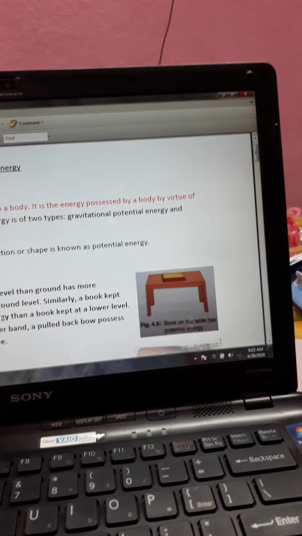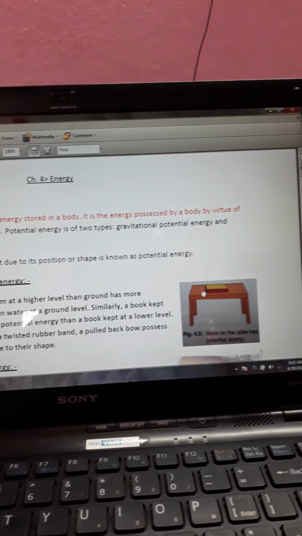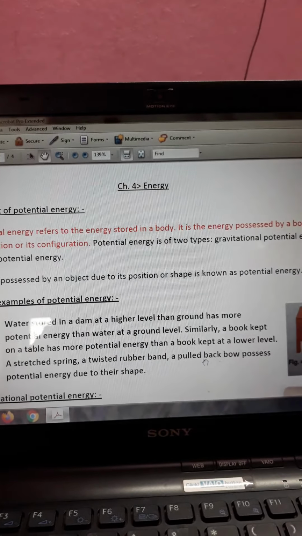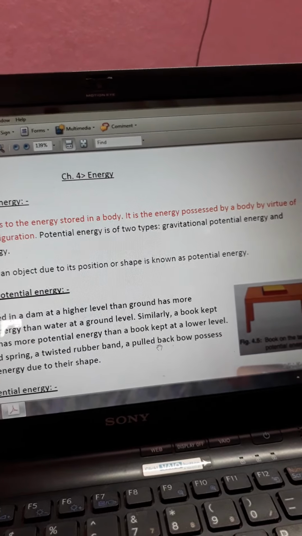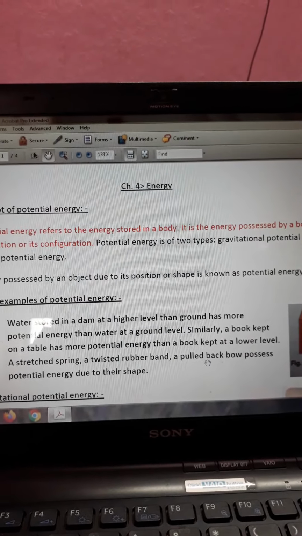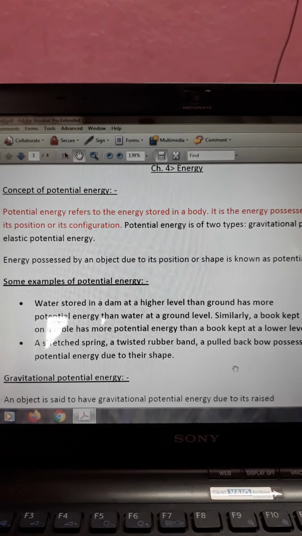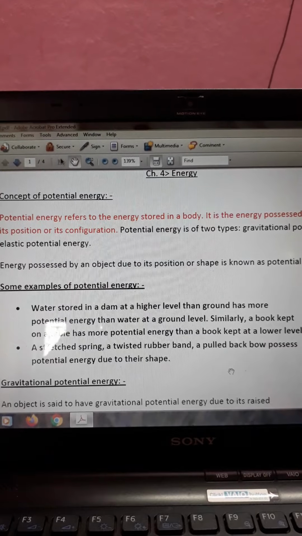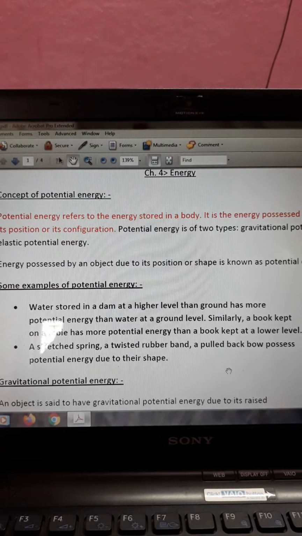So see here, the book kept on a table has potential energy. The next example is a stretched spring, a twisted rubber band, or a pulled-back bow, which possess potential energy due to their shape. So now we know potential energy is of two types: gravitational potential energy and elastic potential energy.